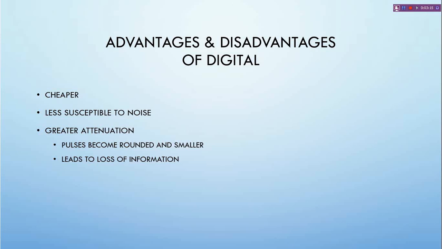Digital signals are cheaper and less susceptible to noise, but they suffer greater attenuation, pulses become rounded and smaller, and this leads to loss of information. Attenuation means the signal becomes weak while traveling a long distance. These are some disadvantages of digital signals.